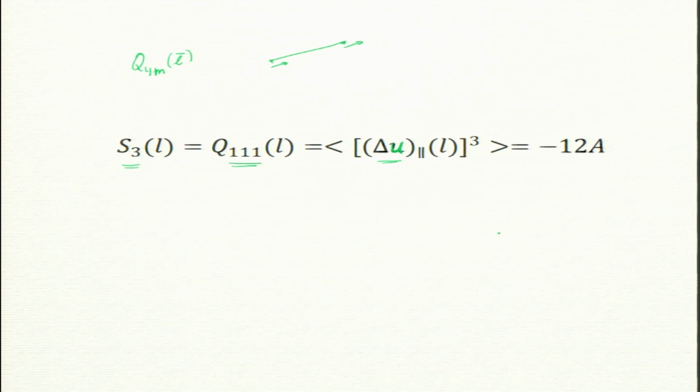Remember I started my first slide: Kolmogorov basically is relating this object with the dissipation rate. So we can define it using the third order structure function, but it is very specific. My components are 1, 1, 1.